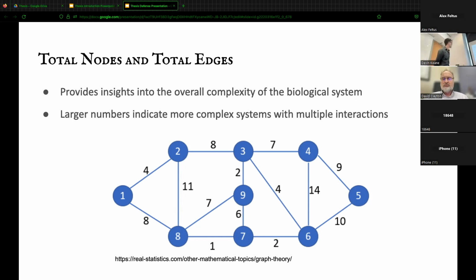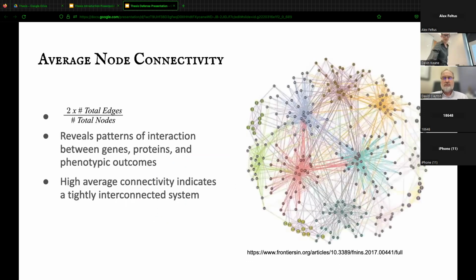But it's a little more informative to take the number of nodes and the number of edges and create a ratio out of that. So the next thing we calculate is called average node connectivity, or average degree connectivity, where we look at each and every node and ask, in general, how many nodes is every node connected to in this network?